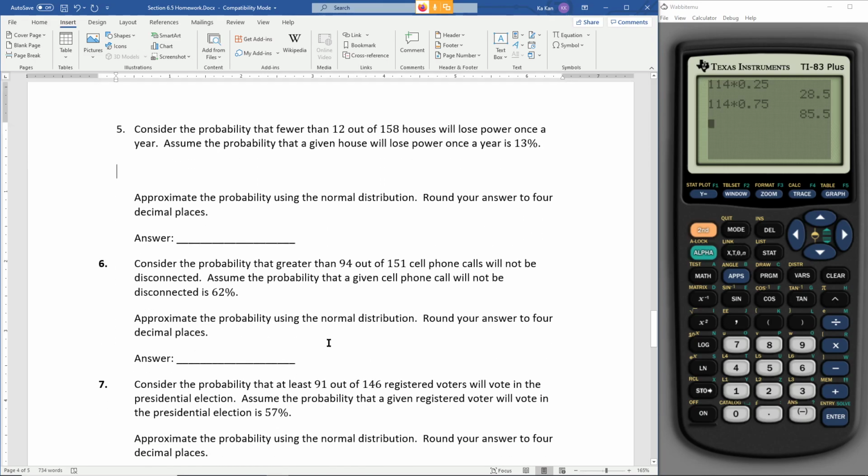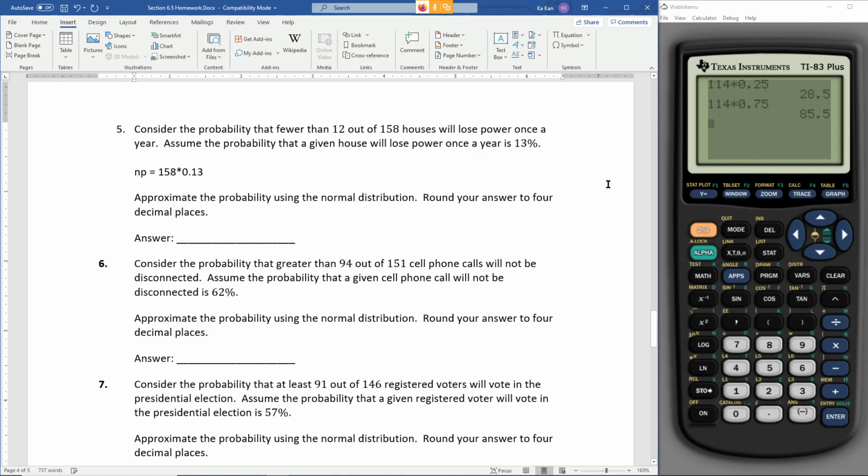So in our case, n times p is going to be 100. Right, got stuck right here for a second. 158 times, what's the success rate? 0.13.